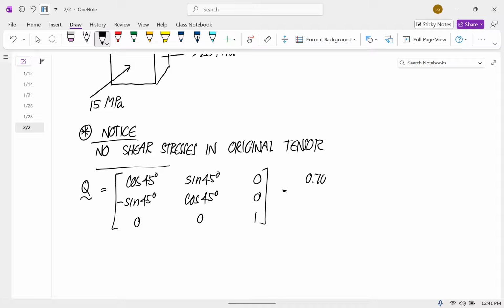So that's 0.7071, 0.7071, 0, negative 0.7071, positive 0.7071, 0, 0, 0, 1.